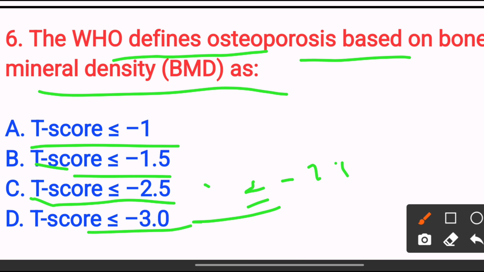The answer is option C, T-score less than minus 2.5. According to WHO, osteoporosis is defined when the T-score is 2.5 standard deviations or more below the young adult mean BMD, bone mineral density. So the answer is option C.